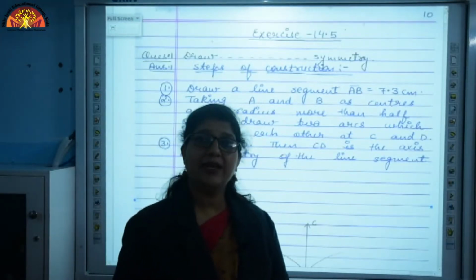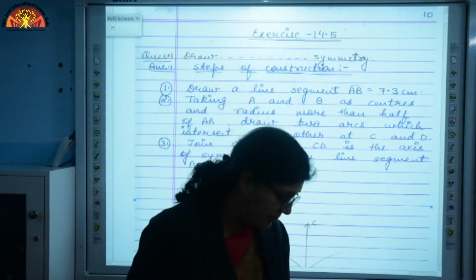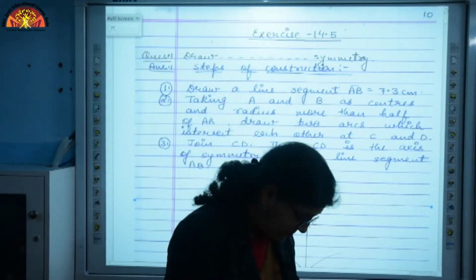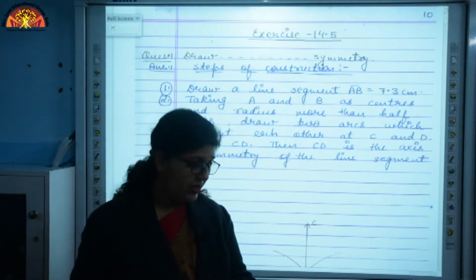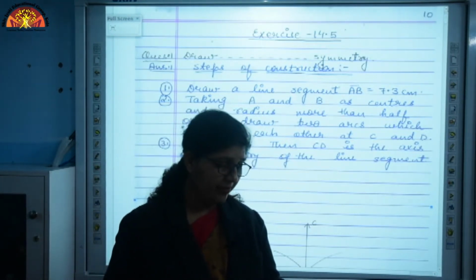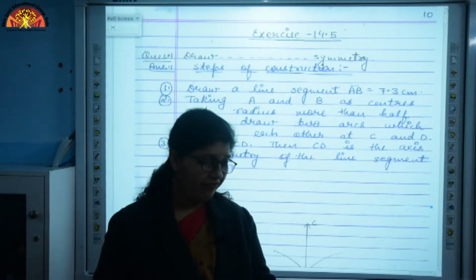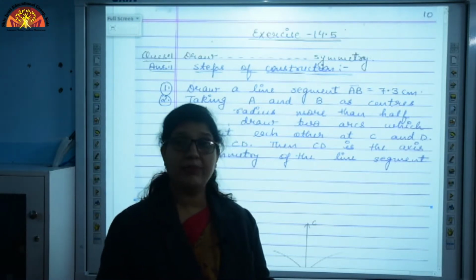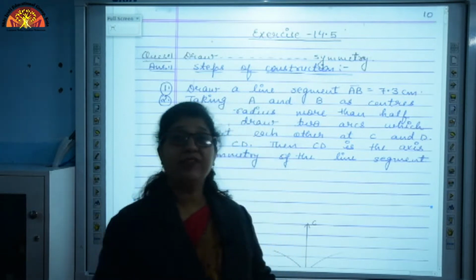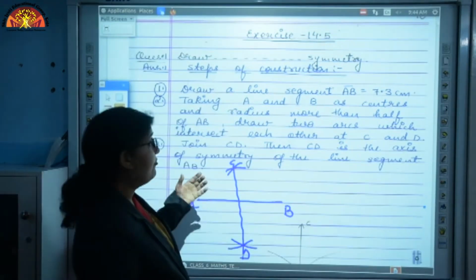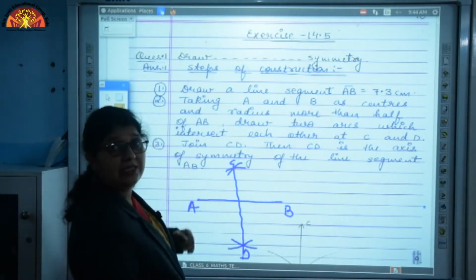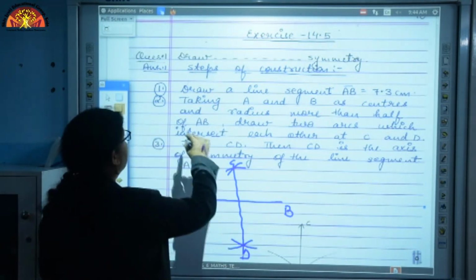Let us see exercise 14.5 question number 1, page number 286. Question is, draw line segment AB of length 7.3 centimeter and find its axis of symmetry. Students, axis of symmetry and bisector both are same. Now first we see steps of construction of this question.